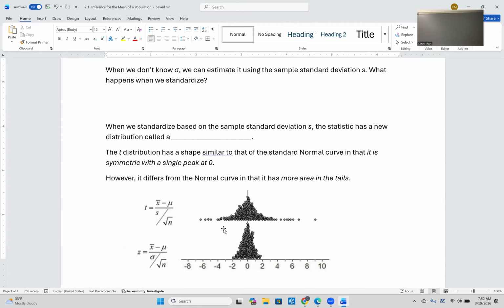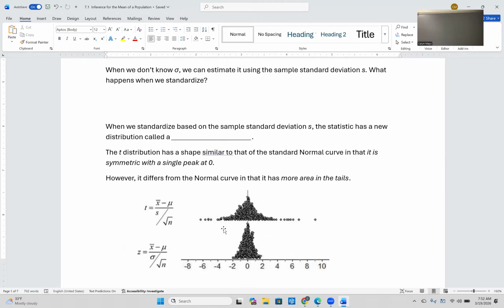And because the sample standard deviation has some error to it, because we're just taking a bunch of samples to get our sample distribution, there's more error than the precision of knowing the population has this much spread. We're looking at a small sample of the population has this much spread. So there's some more error put into it.